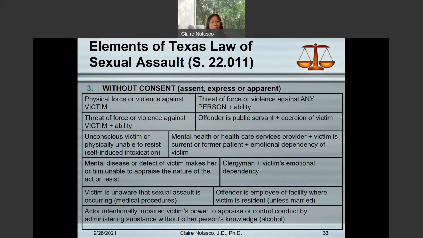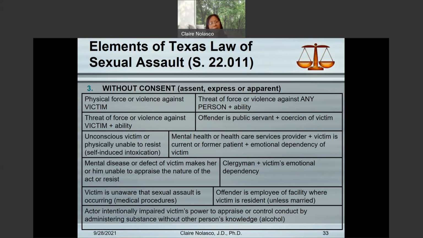First, the use of physical force or violence against the victim. Second, the threat of force or violence against the victim, plus the ability of the offender to do so. Third, the victim is unconscious or physically unable to resist, such as self-induced intoxication.